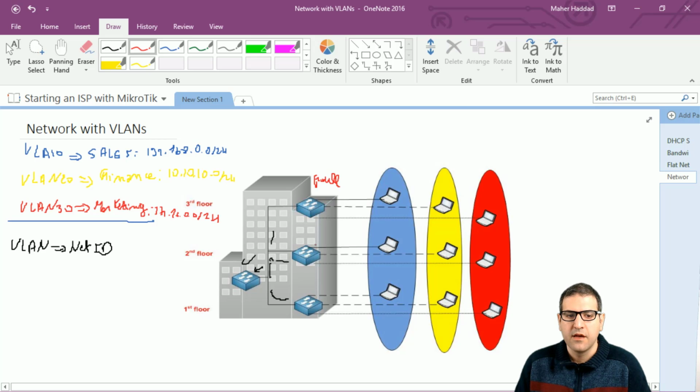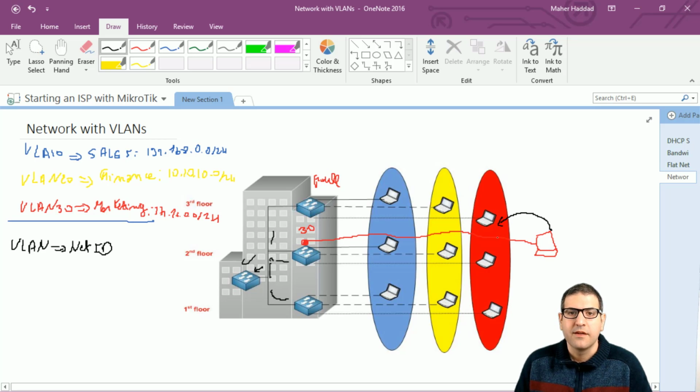On floor number 2, there is a port available here. So I can make a connection for this PC and this employee. Because he's going to work in marketing, I put this port on VLAN number 30. When I put it on VLAN 30, this computer will belong to this VLAN. So he will be one of the members of this VLAN, and he will be on the same network where all those computers are, which are on VLAN 30.